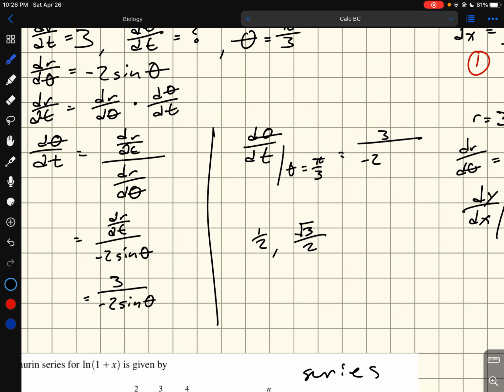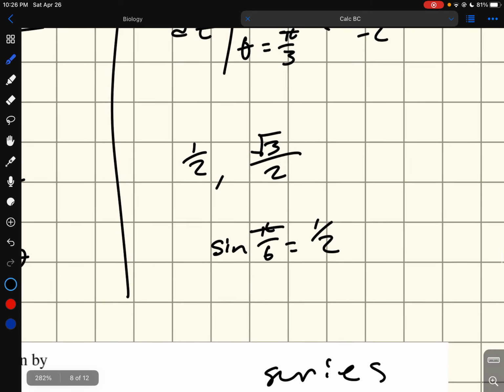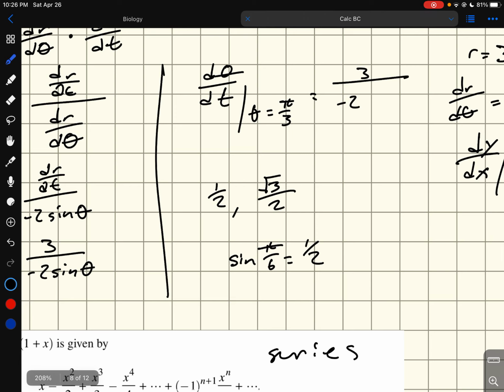So the way I remember is, I only remember that sine of pi 6 is equal to 1/2. And then from this, I know all the other ones. So how I know all the other ones is that it alternates what value is what. So I have sine of pi 6, so then I know sine of pi thirds is square root of 3 over 2. So if it's not this value, it's going to be this value.